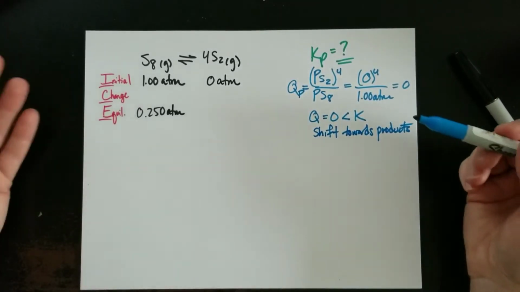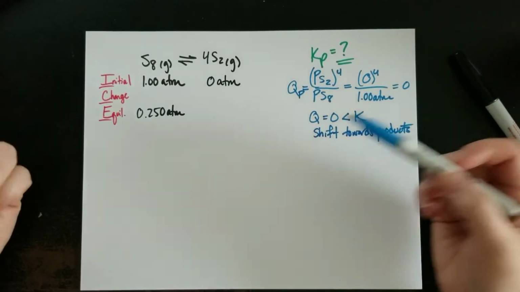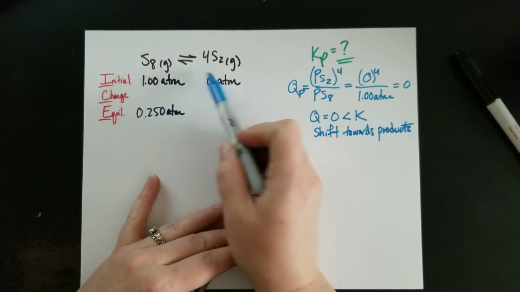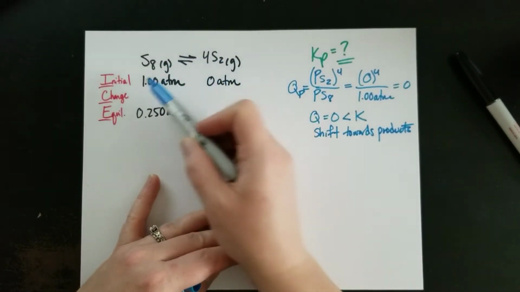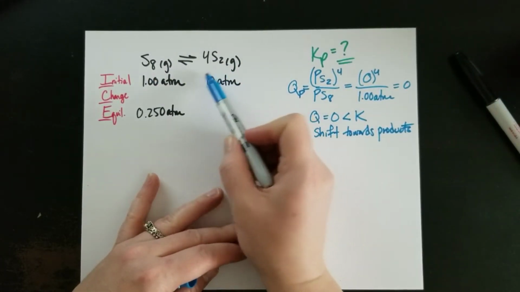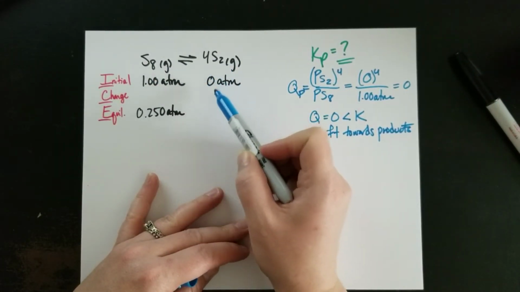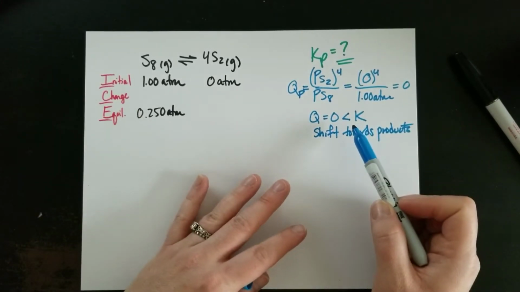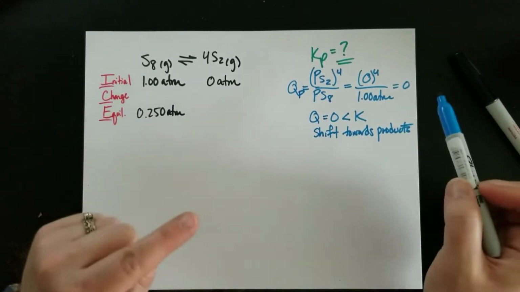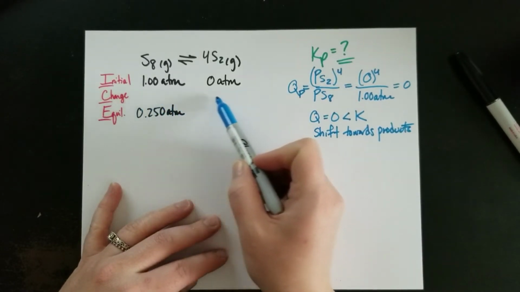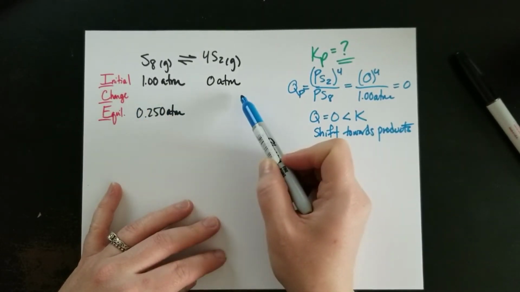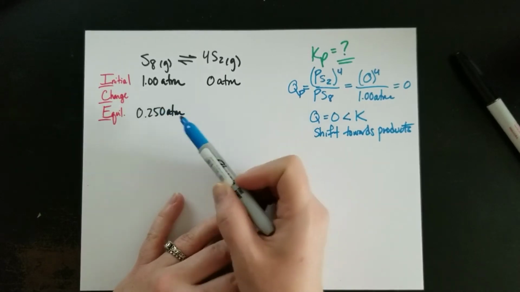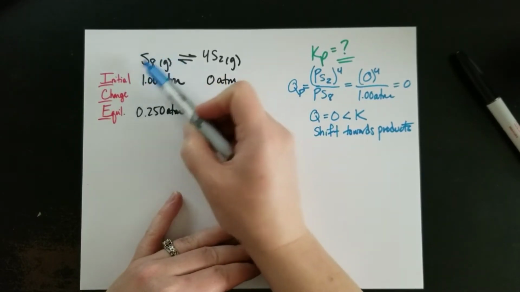So again, some of this is common sense, but sometimes you may start with values on both sides of the equation. And so if this was not a 0 value and it was some number, this is always what you want to do first to determine which way you're actually shifting, because the direction you're shifting in to get to equilibrium is going to dictate what this change row is going to look like. Again, a lot of these problems will start with all reactant and no product.